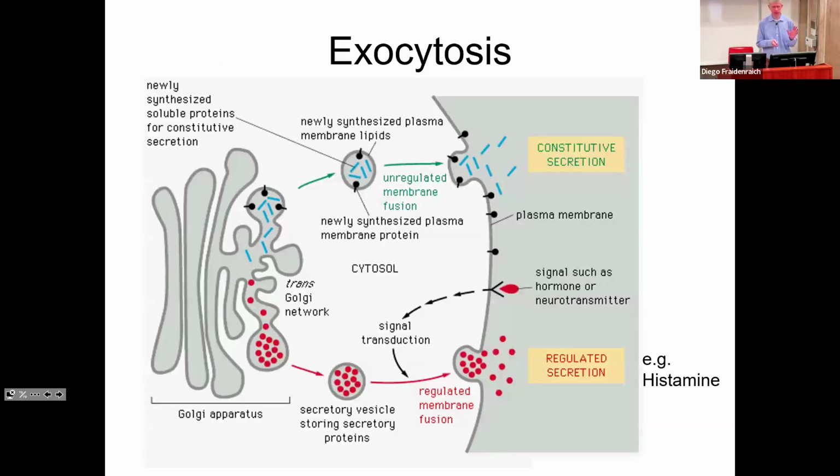When we go further, from the trans-Golgi network to the plasma membrane, we have two processes. One is moving vesicles or material from the Golgi to the plasma membrane, where it's secreted. So this is the trans-Golgi network, vesicles going, and it's constitutive secretion. This is just an ongoing process. There's no signal.